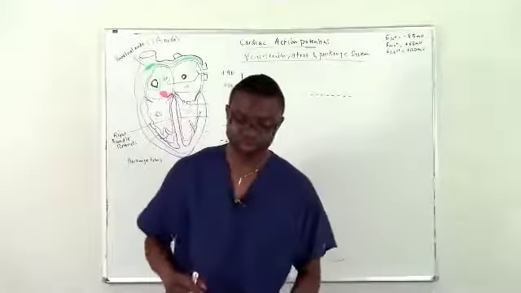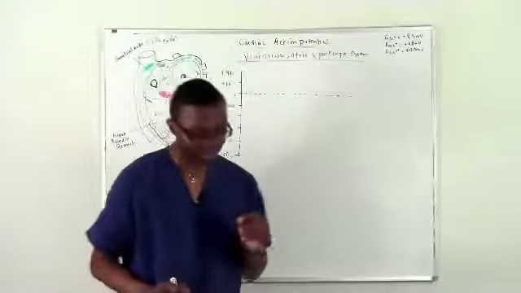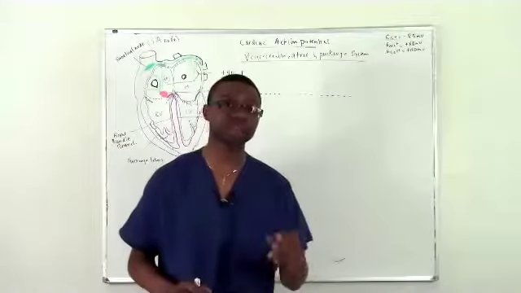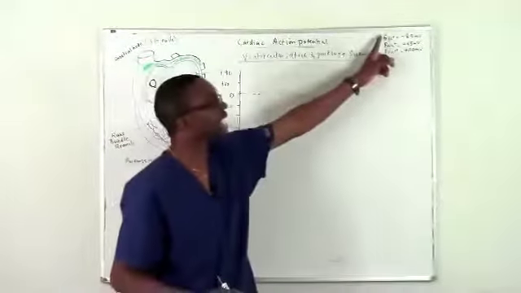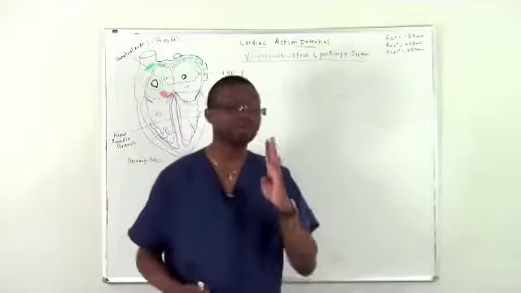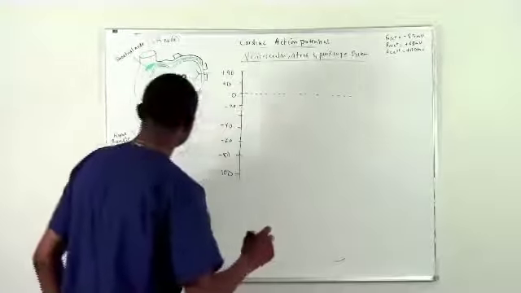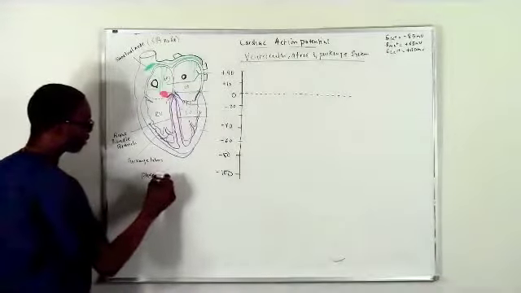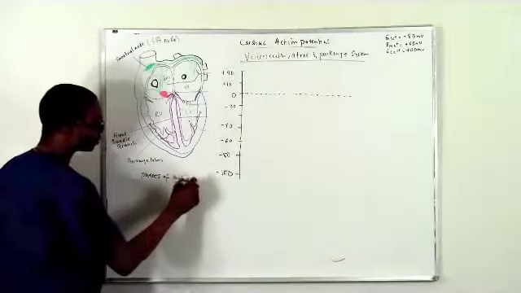Now, we said the resting membrane potential of the ventricles, the atrium, and the Purkinje system approaches potassium. So there are 4 phases. I'm going to write here on the side of the board the phases of action potential.